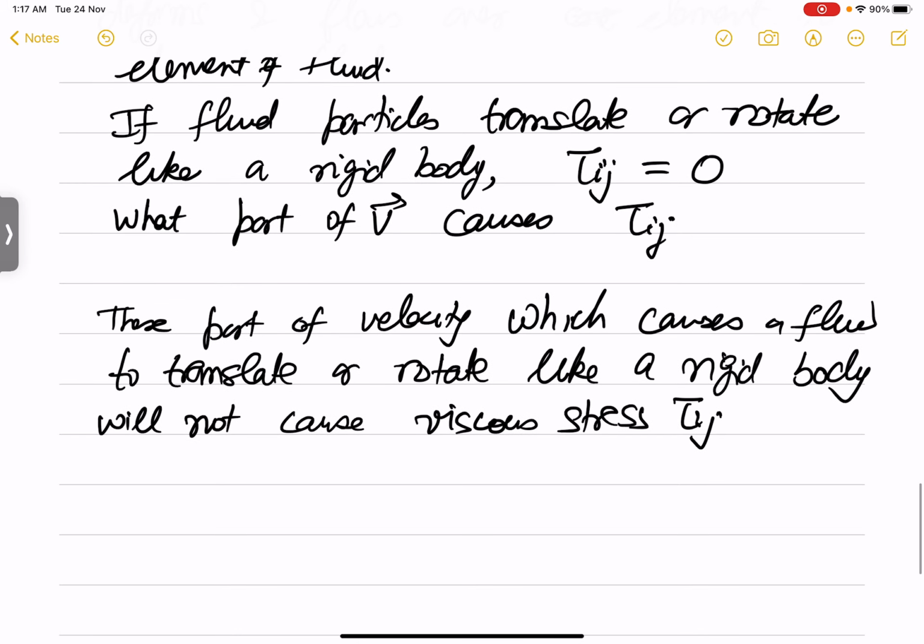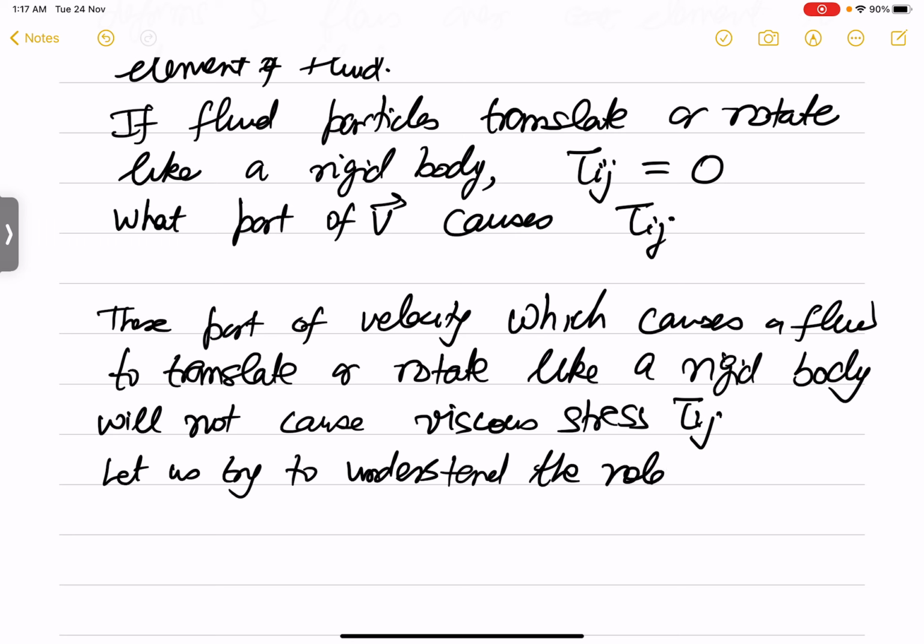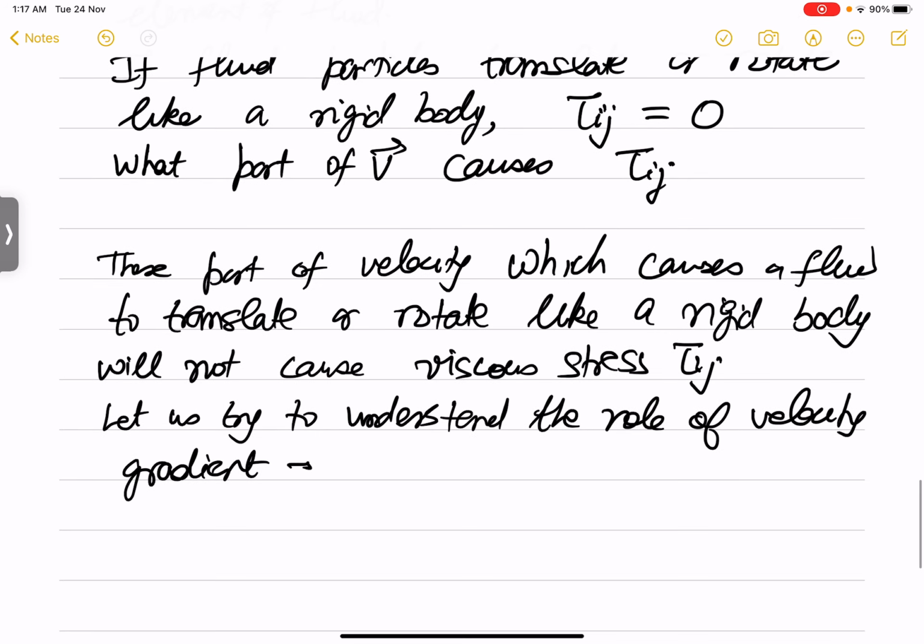So now let us try to understand the role of the velocity gradient. And by velocity gradient, let me write the general term, partial ui by partial xj.